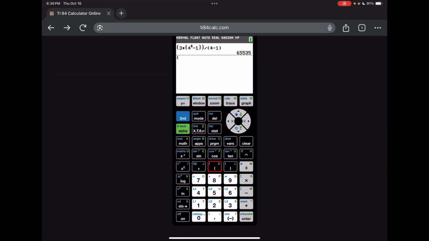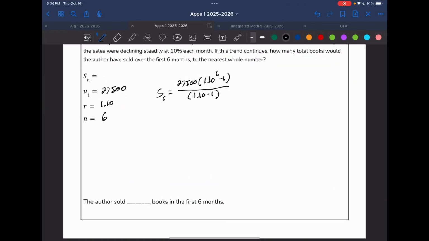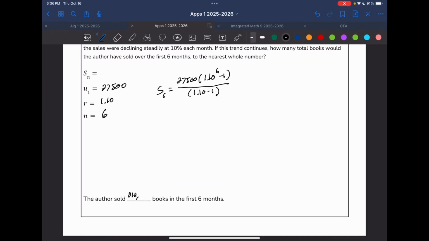All right, if we go here, you get 27,500 times 1.1 to the 6th minus 1 divided by 1.1 minus 1. Enter. And then we get 212,179. So 212,179. That's S6.